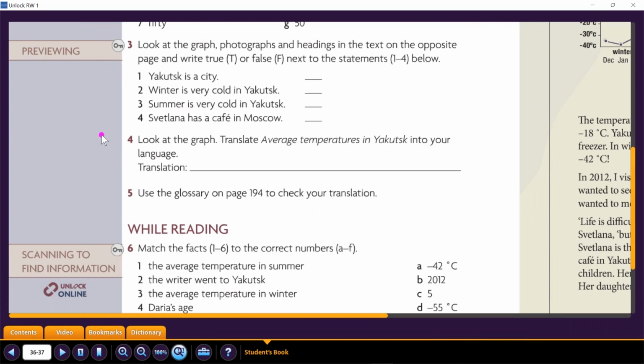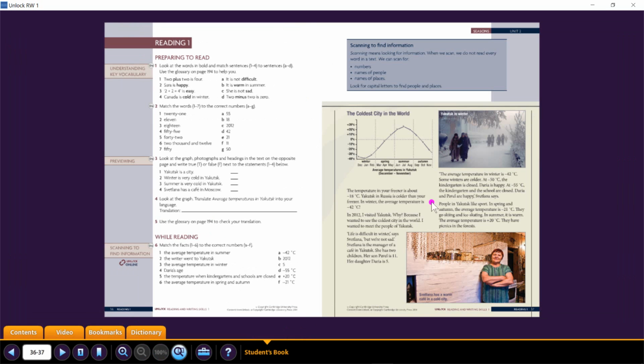So as we said, prepare yourselves to read this text here. Before that, you need to preview the text. You need to ask yourselves, do we have graphs, photographs? Yes, we have 2 photographs here. We have a diagram. We have headings. We have important lines, like here, the coldest city. Do not read anything.